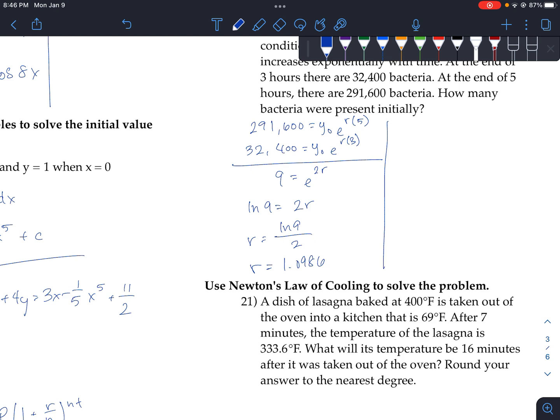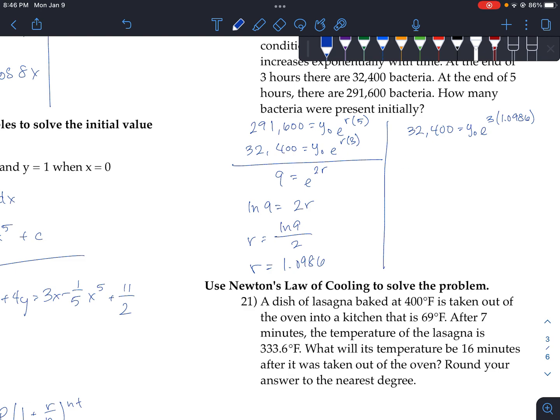Alright, so now that I know that r is that, and now we want to find y sub naught, I can plug r into either one of these. I'm going to use this equation because that's a smaller number right there. So I'll have 32,400 is equal to y sub naught e to the 3 times 1.0986.